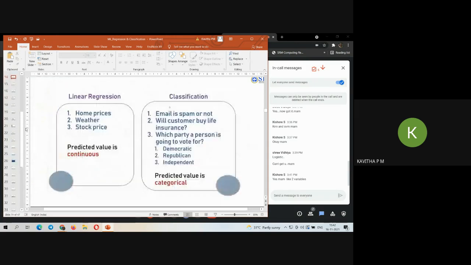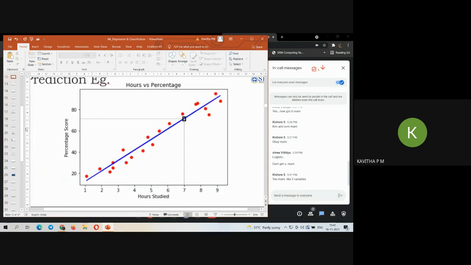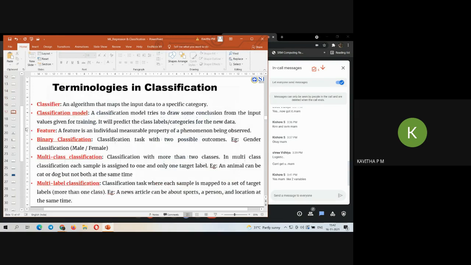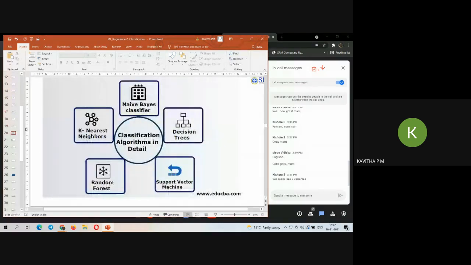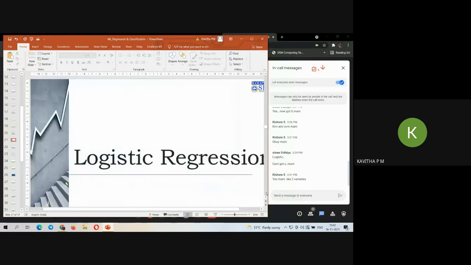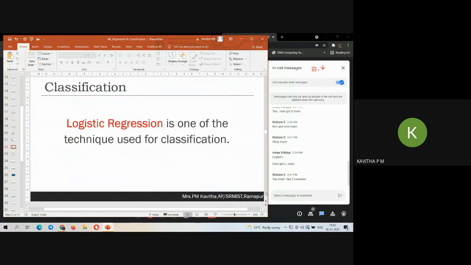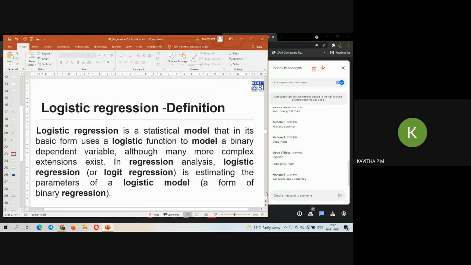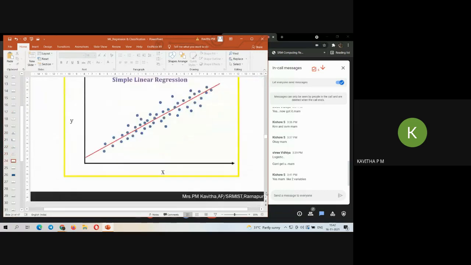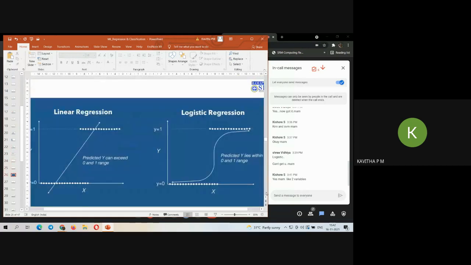Okay, I'll do one thing. In the next session, after completing the two more or left out algorithms, I'll go with the same data set and work on it with both linear regression and logistic regression, so that you can understand how logistic regression comes under classification.